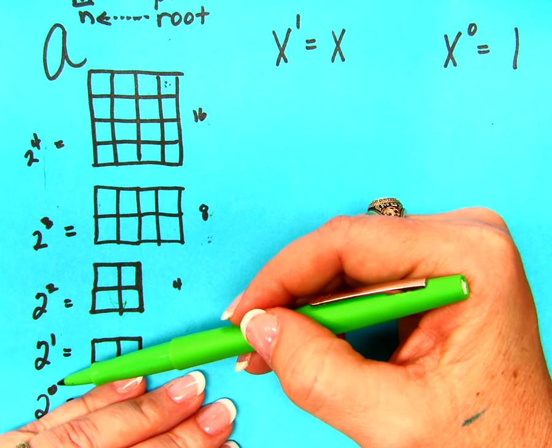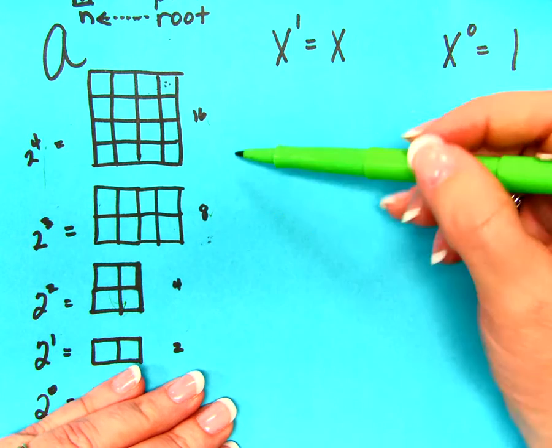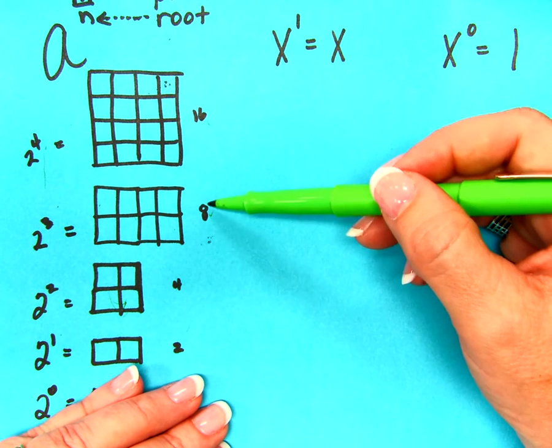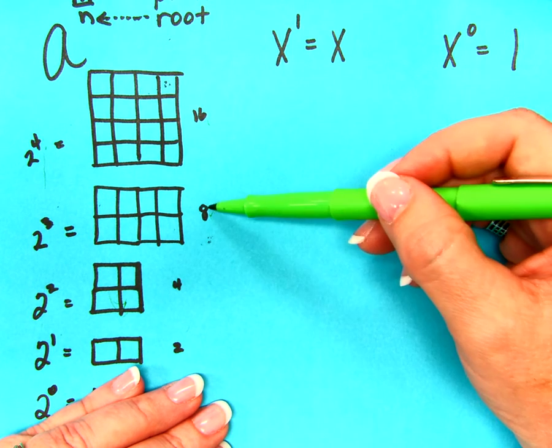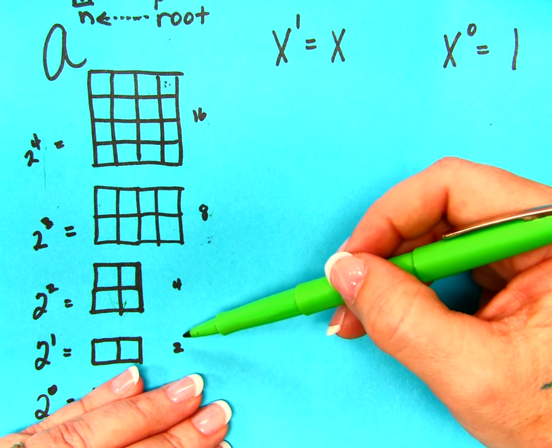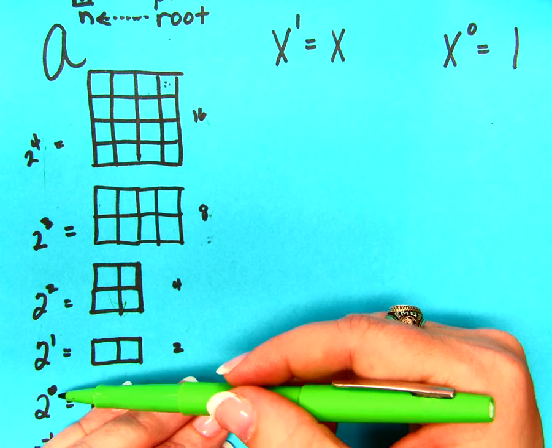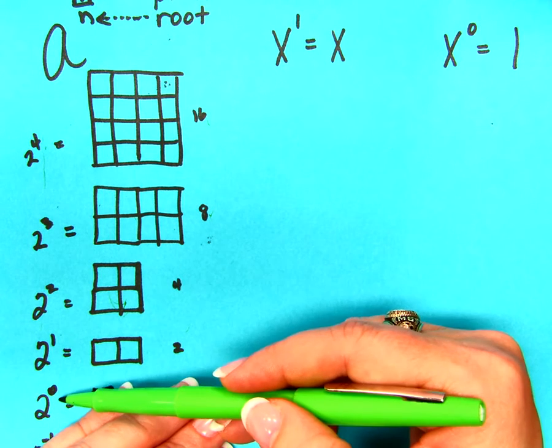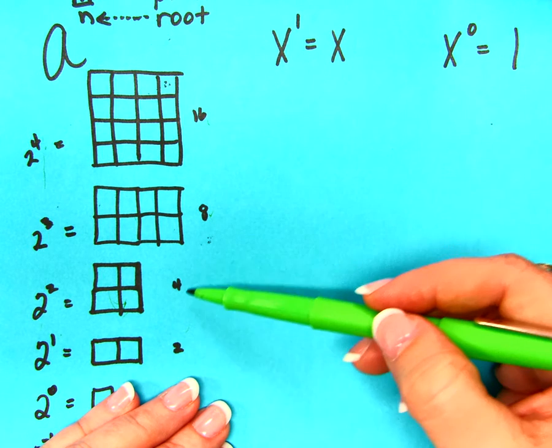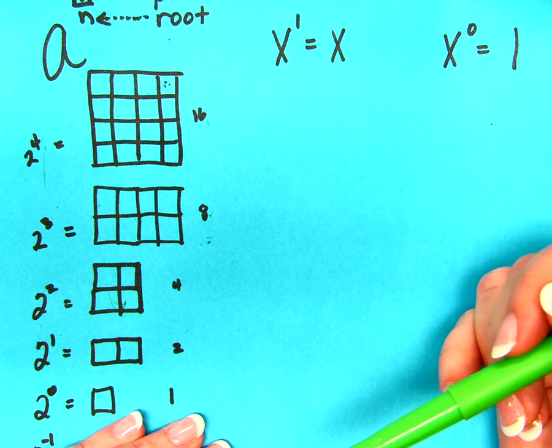What would be next? 0. And I said, if we're going down this direction, how are we getting from here to here, and from here to here, and here to here? We divide by 2, right? So I said, if we're getting to 2 to the 0 power by subtracting one exponent, then the area model should be half as big as it was before, and half of 2 is 1.